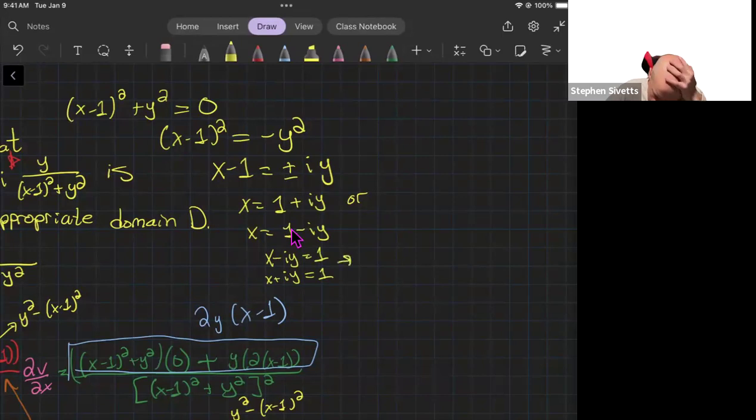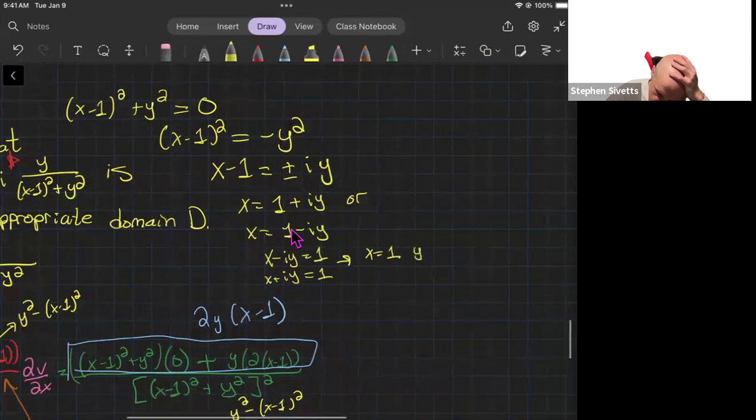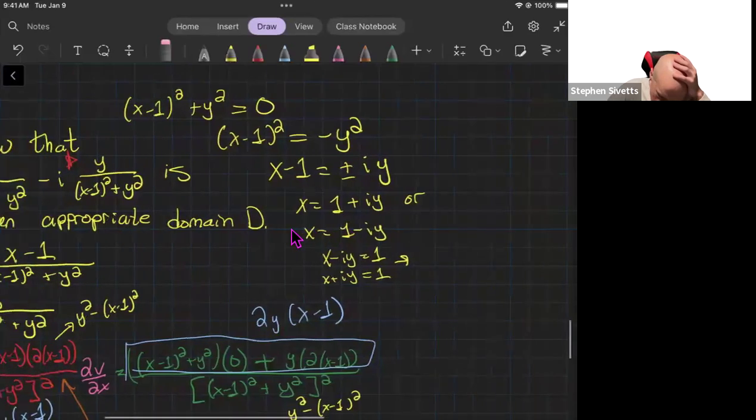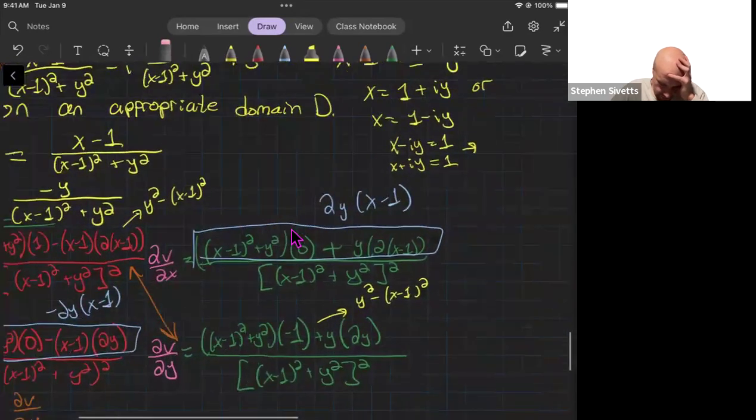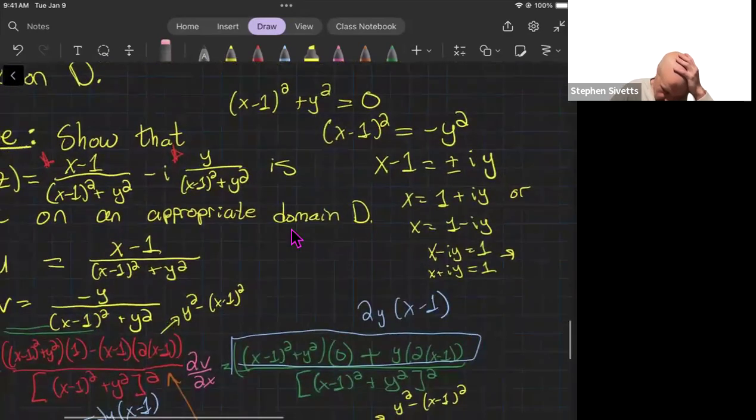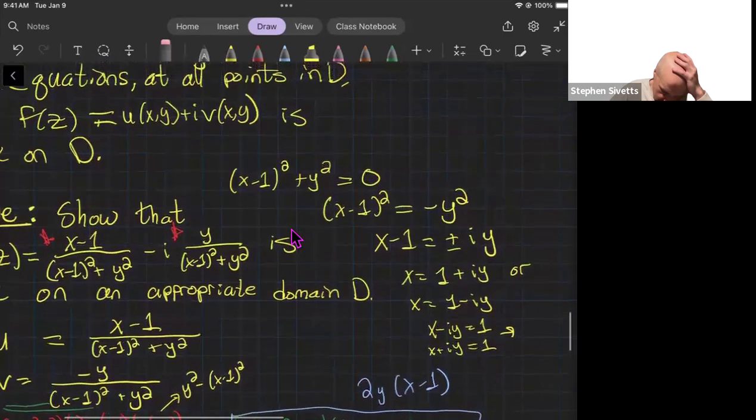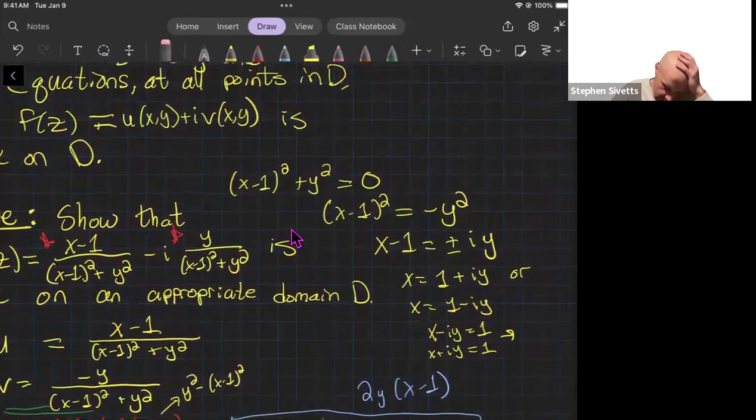So really, it's that x equals 1 and y equals 0. That will cause division by 0. So it's analytic everywhere else except the point at (1, 0).